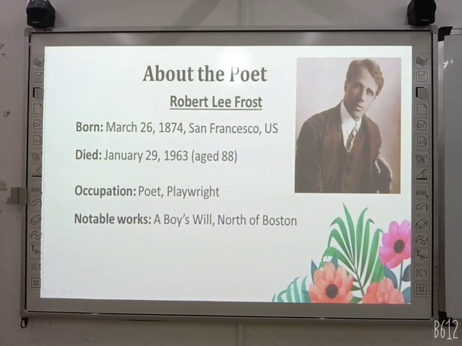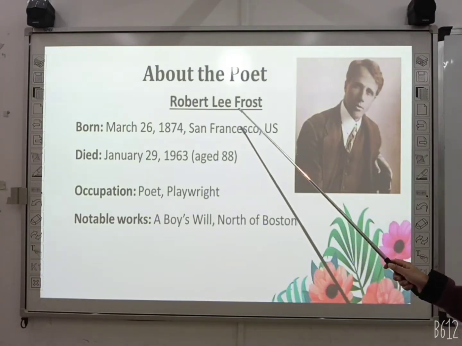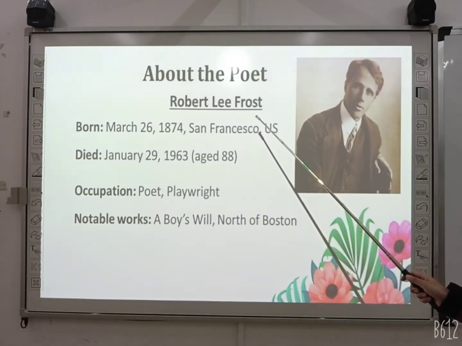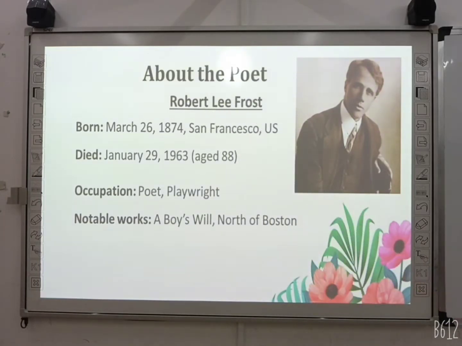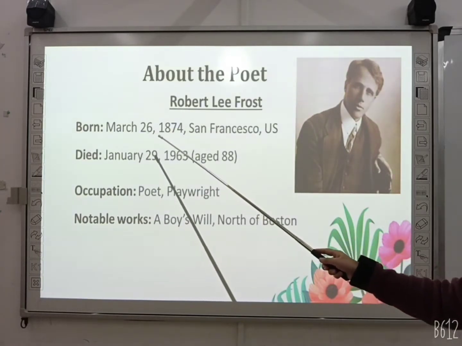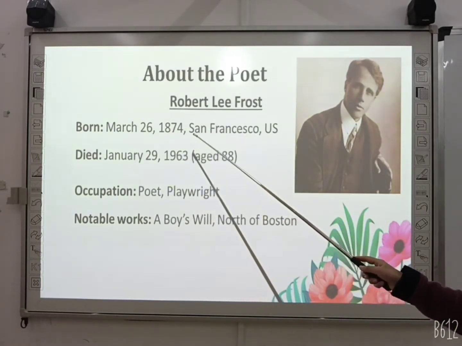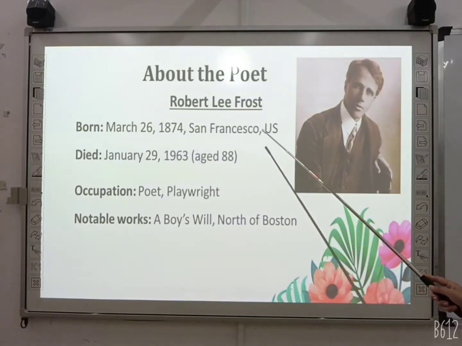As I told you, the poet is Robert Lee Frost, commonly known as Robert Frost. He was born on March 26, 1874 in San Francisco in the United States.